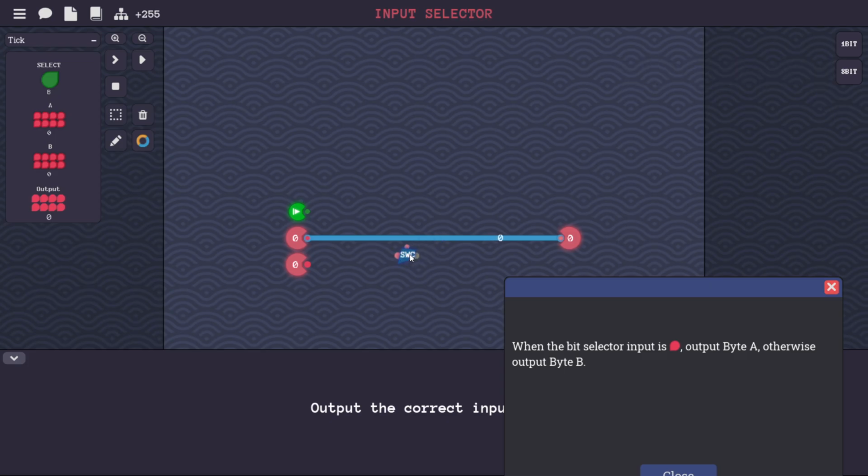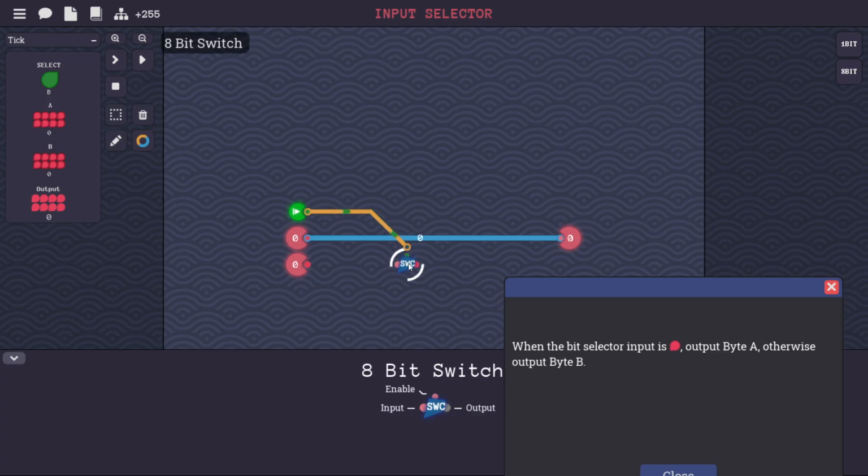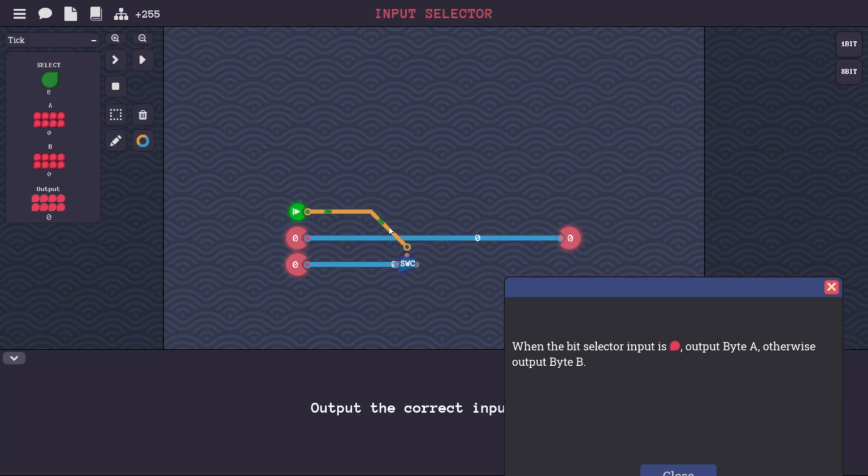Okay, so let's have maybe this. No, this is going to enable this, and so if this is on, we output here to this.